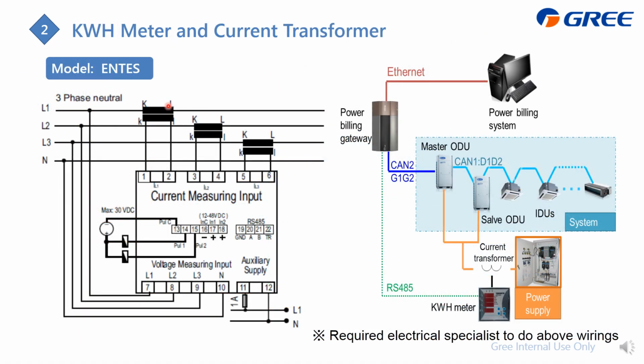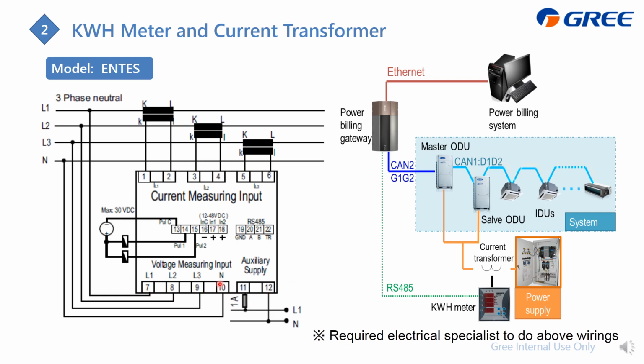This slide displays how to do the wiring if you apply this power meter. In this case, you can find that this is the wiring terminals of this power meter. From 1 to 6, it just measures the current of every phase. Then 7 to 10 measure the voltage.